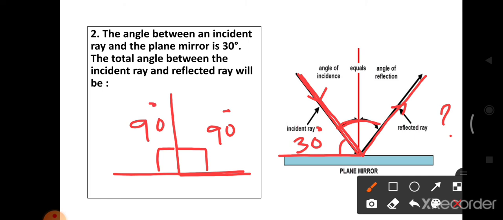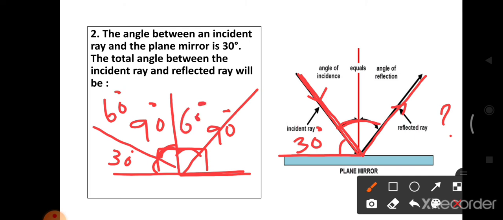In 90 degree, this is 30 degree they gave. So the remaining degree here is 60. 90 minus 30, 60. If the angle of incidence is 60, the angle of reflection is also 60. So the total angle is 60 plus 60, 120.